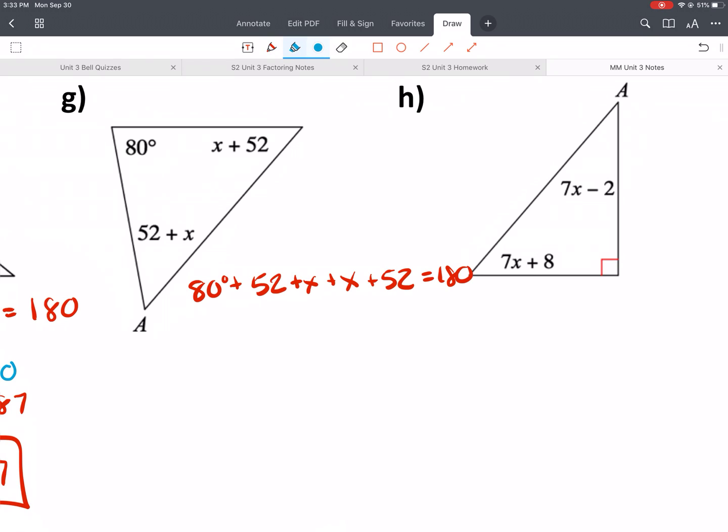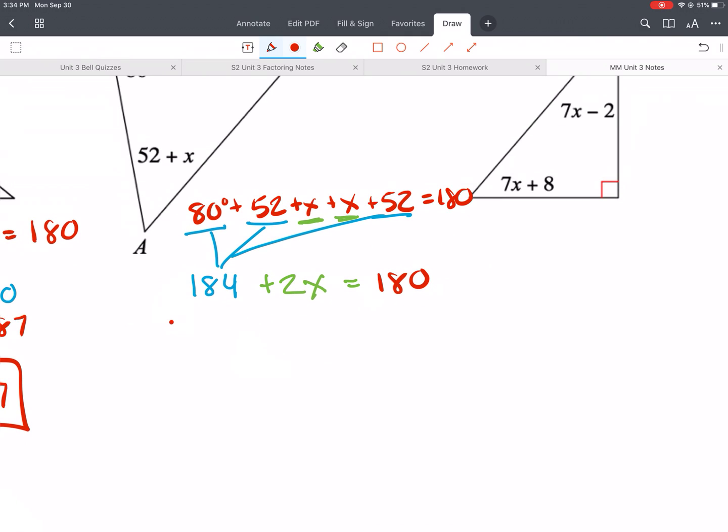Combine like terms, so those are like terms, that's like terms. That would give us 184 by adding all of those. And then if we combine the variables, so x and x, that would give us 2x equals 180.